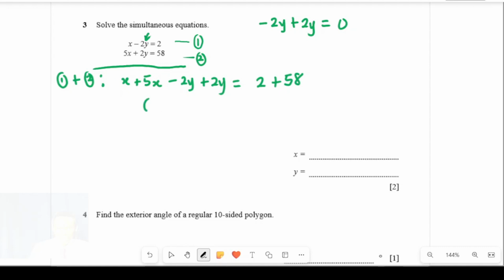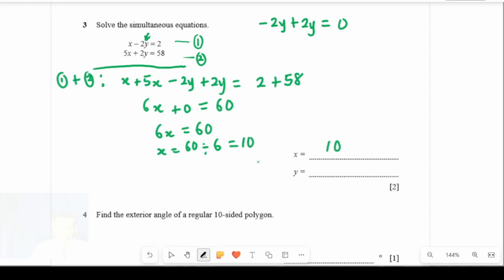So this will give 6x, then this is 0, equals 60. So 6x equals 60. Divide both sides by 6. x is equal to 60 divided by 6 to give 10.